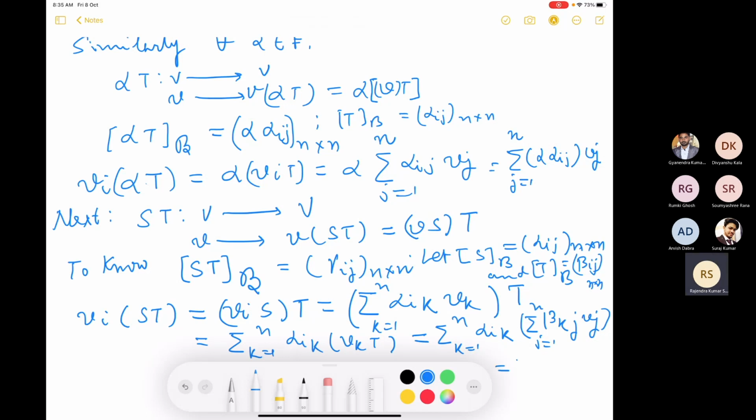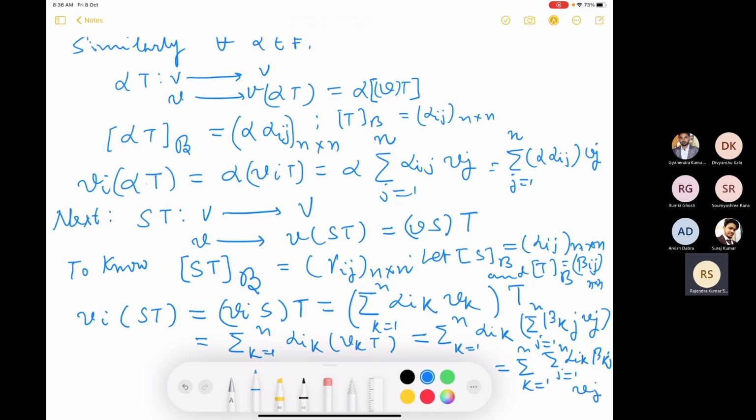This is the same as the sum over k from 1 to n and j from 1 to n, and the coefficient here is alpha ik beta kj, and since both take values here, you can interchange the sums.